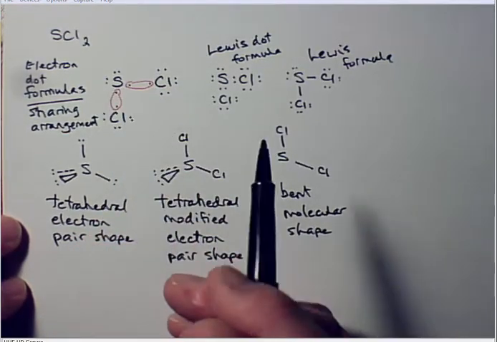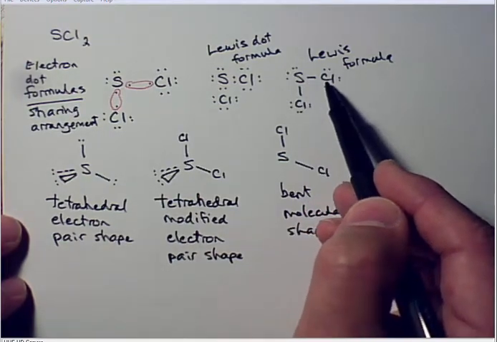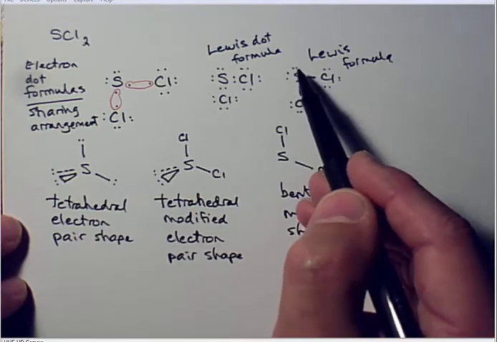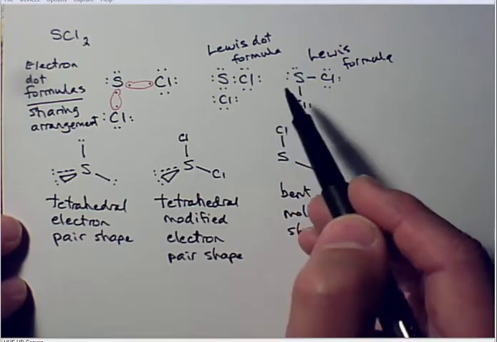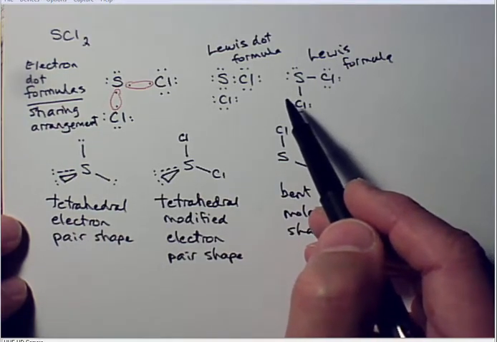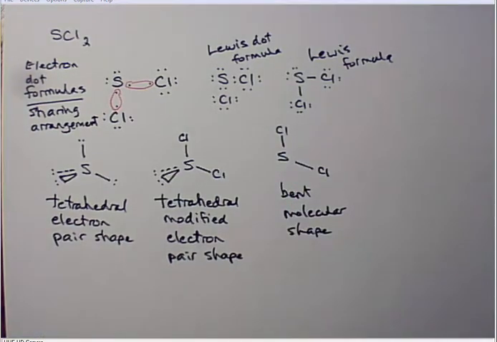It doesn't matter which of these sides those chlorines are located on. Here's your Lewis formula, and again, the chlorine could be over here or up here. You can put it in a lot of different ways, as long as you have 2 lone pairs on the sulfur and 2 bonds going to chlorines around that sulfur on the 4 sides of the imaginary square around that sulfur.